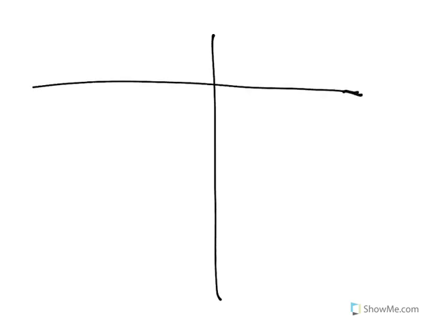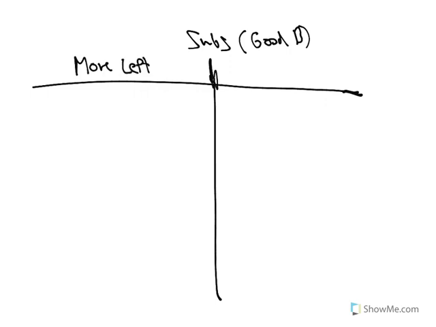So we can generalize this. Sorry, I don't remember how I drew it last time, so I'm just going to do this. We'll say subs, and good B is the sub we would switch to or away from, and then it's move left or move right. Move left would be if the price of good A decreased.